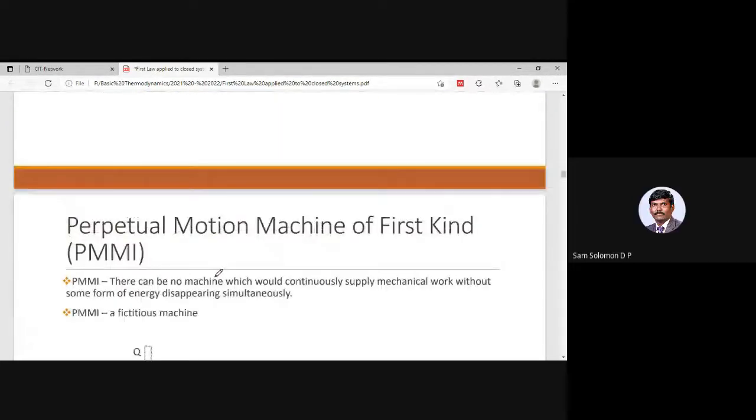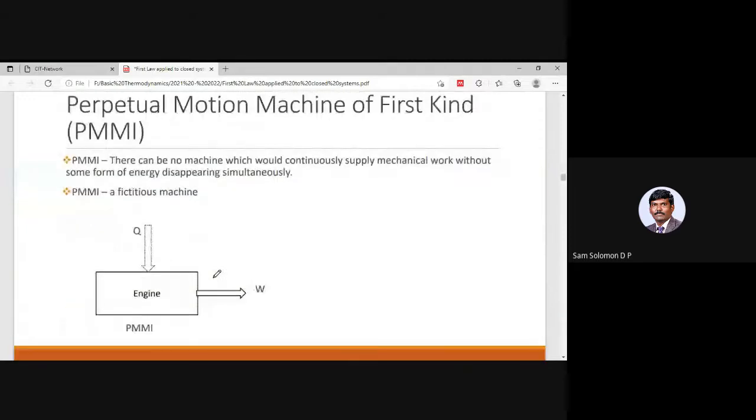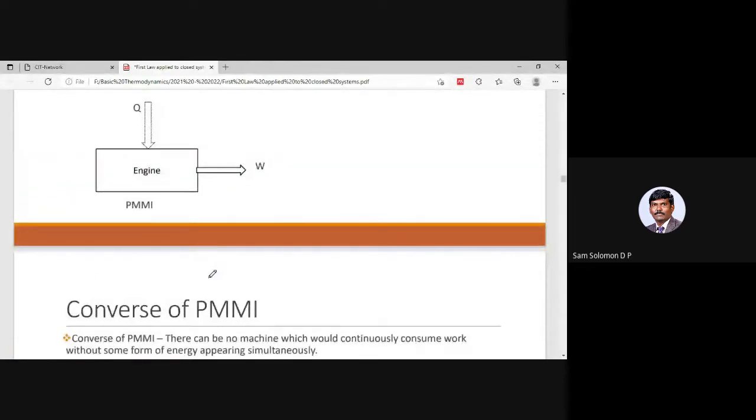Then we have something called perpetual motion machine of the first kind. This is a very simple example. You can see here, I have an engine, and this is called a fictitious engine. Why is it called a fictitious engine?